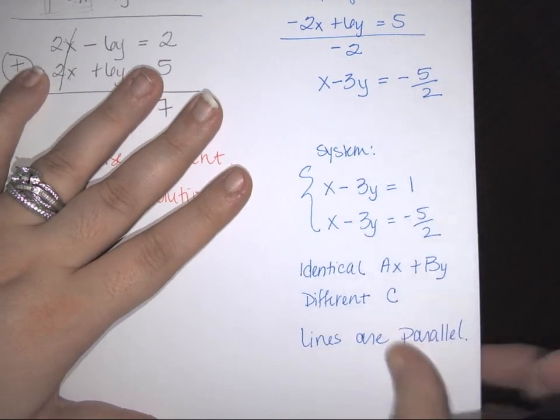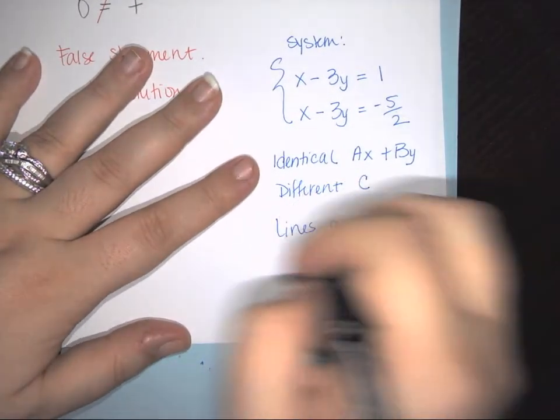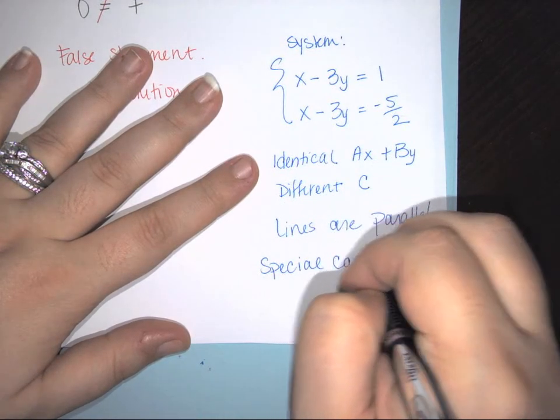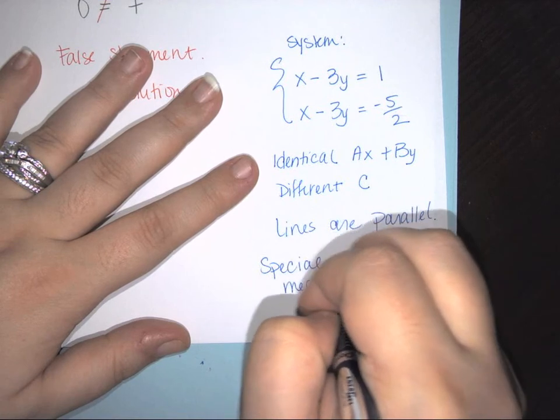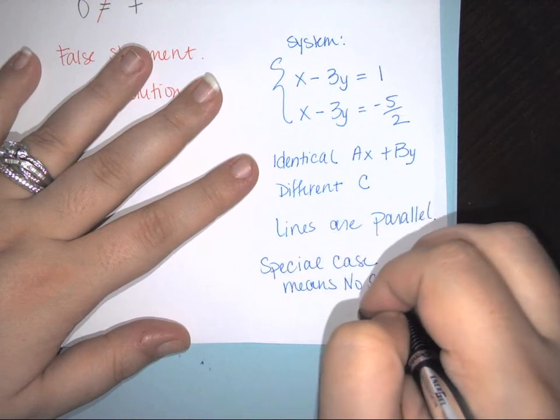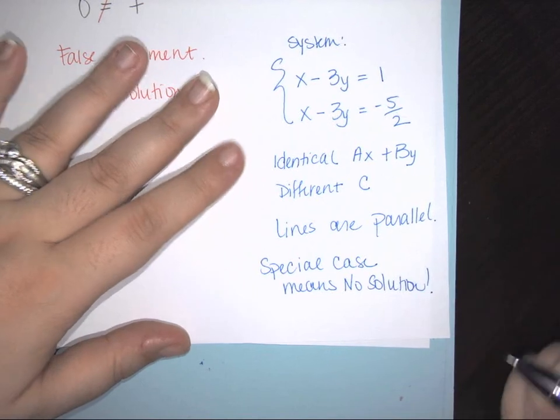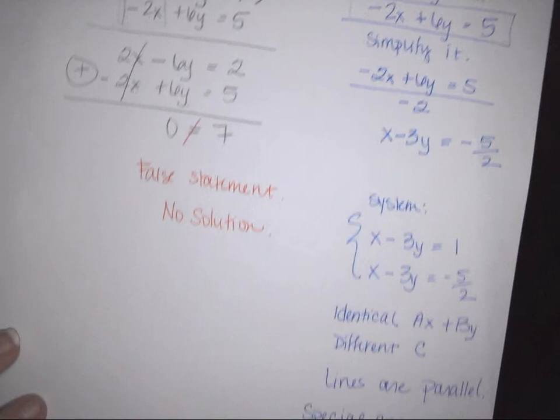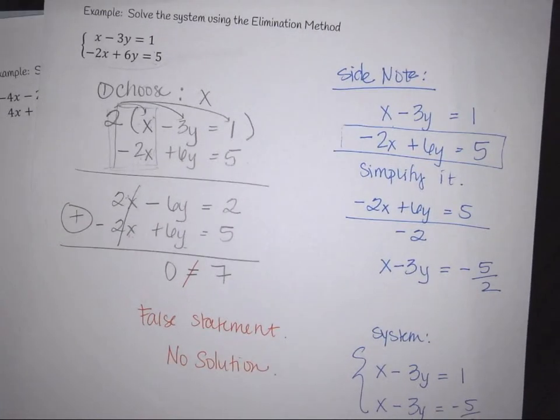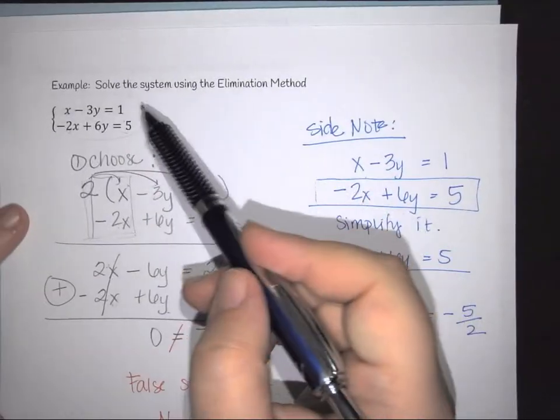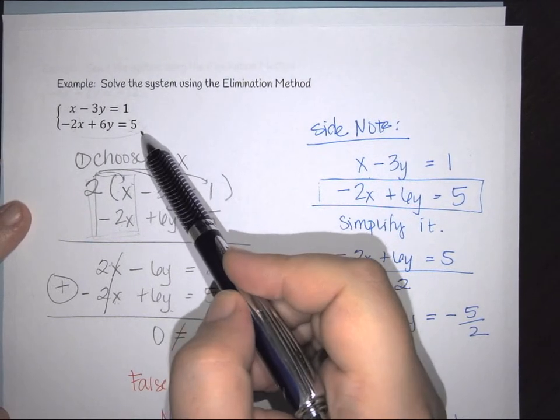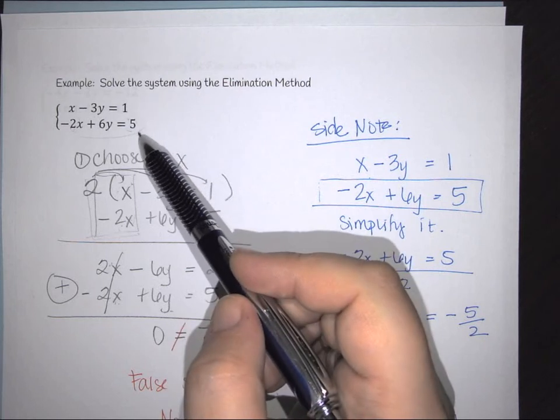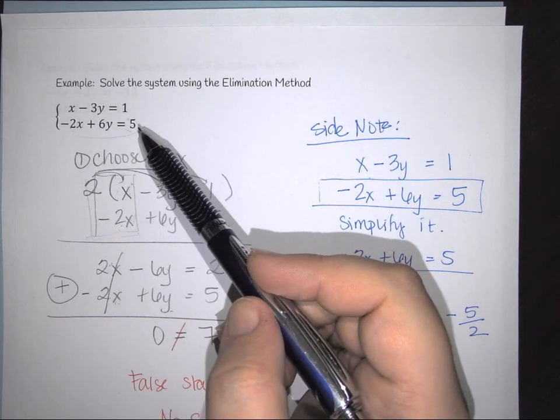Parallel, if you remember, is a special case, which means no solution. So the other thing that we could have looked at when approaching this problem is we simply could have looked at the equations as they were given and noticed that they are actually the same equation with different solutions, thus making them parallel lines.